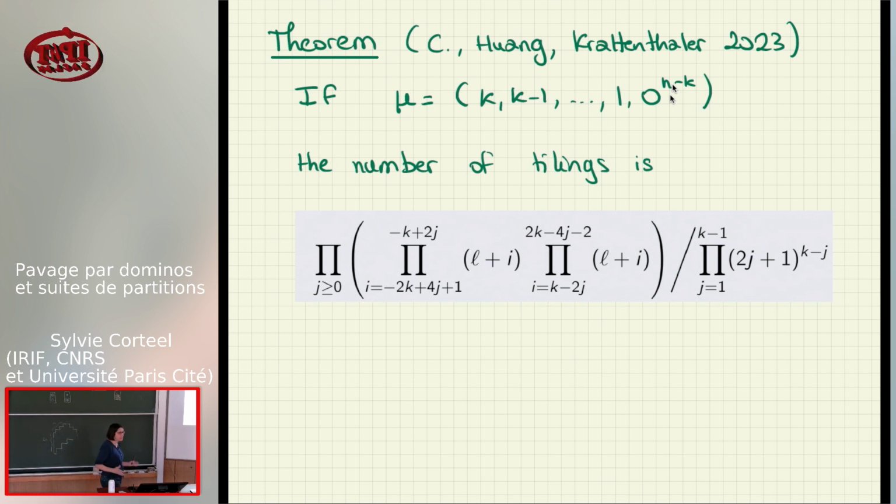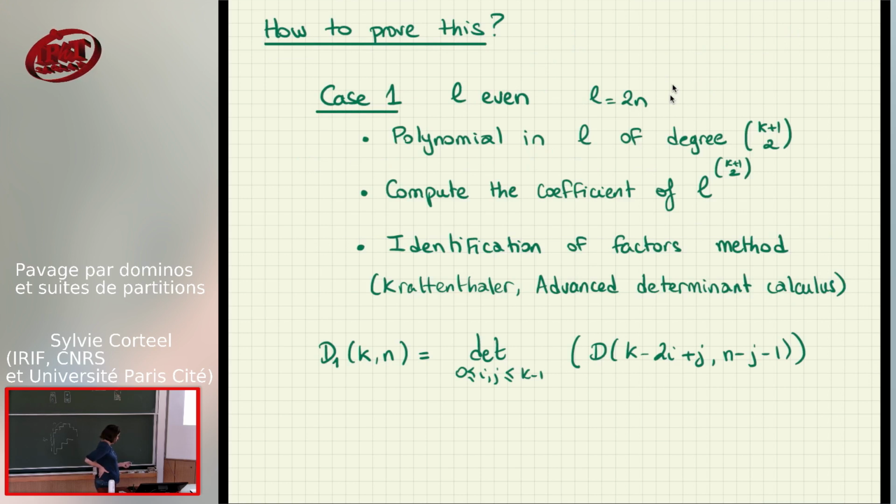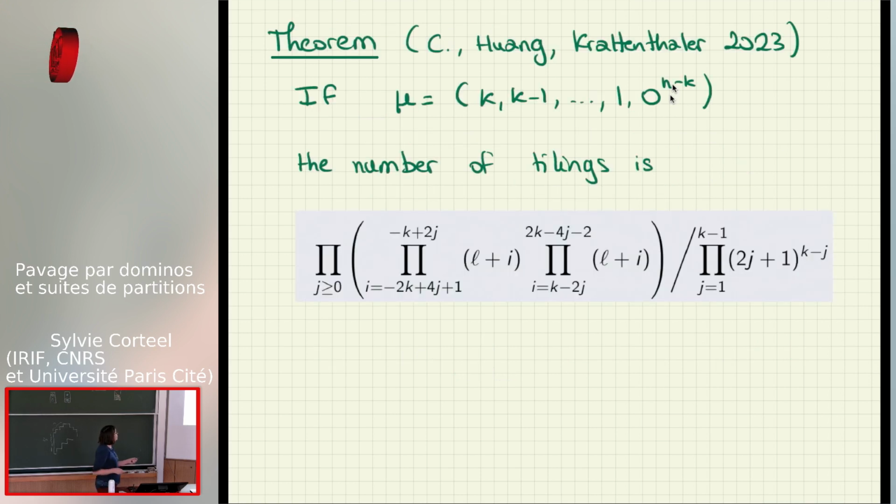So this looks a bit different from the Di Francesco formula, but you can find back the Di Francesco formula. I didn't write it. But if k is equal to n and L is equal to 2n, you can rewrite this. I guess when you have products, you can rewrite them differently, and you get back the conjecture of Philippe Di Francesco.